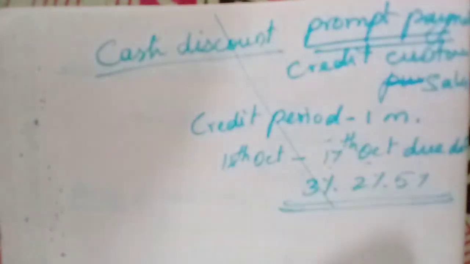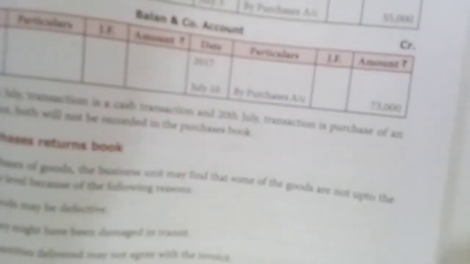Now we do not need this one. Okay, now I will mark and give some more question answers. Okay, students. What is purchases book? Second question answer. Okay, question: what is purchases book? Then take the purchases book heading, and the first paragraph you mark.